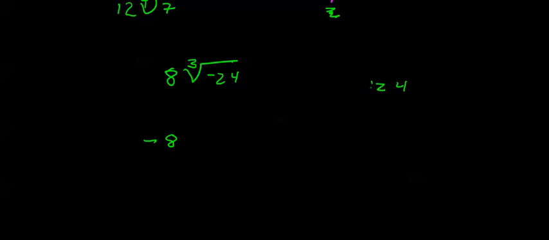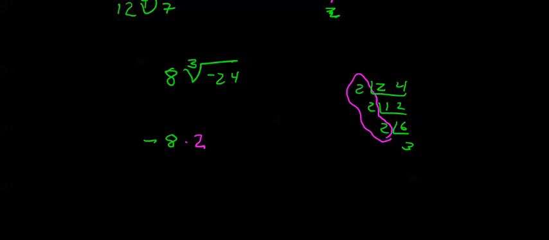Sorry about my cat. 2 goes in there 12. 2 goes in there 6. 2 goes in there 3. So I have cube root. I'm looking for 3 numbers the same. So it's 2.